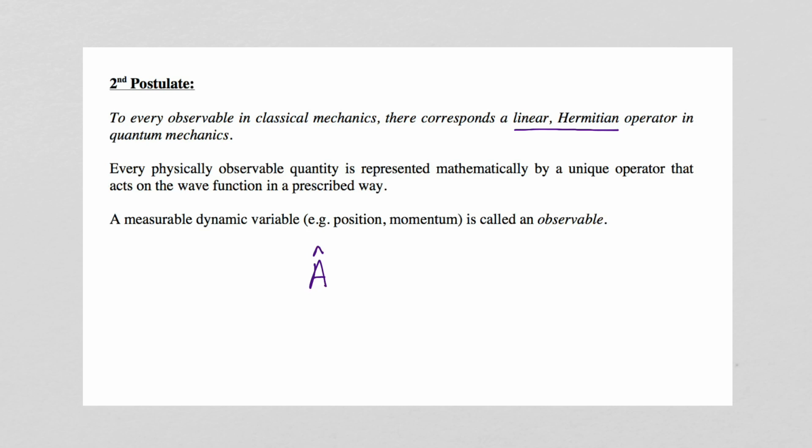Okay, so you can look and see what the position and momentum and kinetic energy and angular momentum operators look like. But essentially an operator is just a mathematical instruction for what you're going to do to a function. So an operator by itself doesn't really have any meaning, but at some point we will be having these operators act on our wave function, and that will give us a useful result.